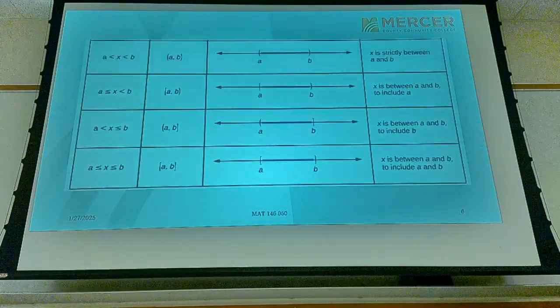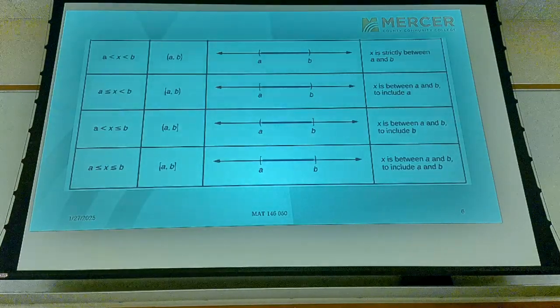Why is that important? Well, domain is an interval of values. So is range. So we need to be able to write intervals.